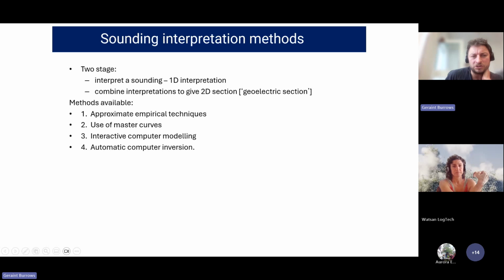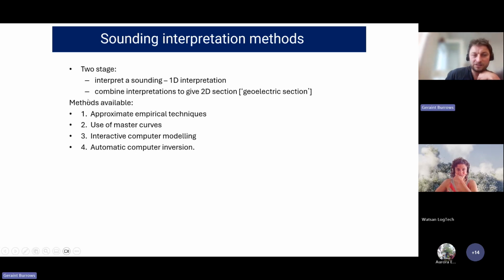So when you're interpreting a sounding that's collected, you can interpret it through the curve itself with a 1D interpretation, or you can combine different vertical electrical soundings together to create a 2D section, similar to the ERT section that I showed you in the previous session.